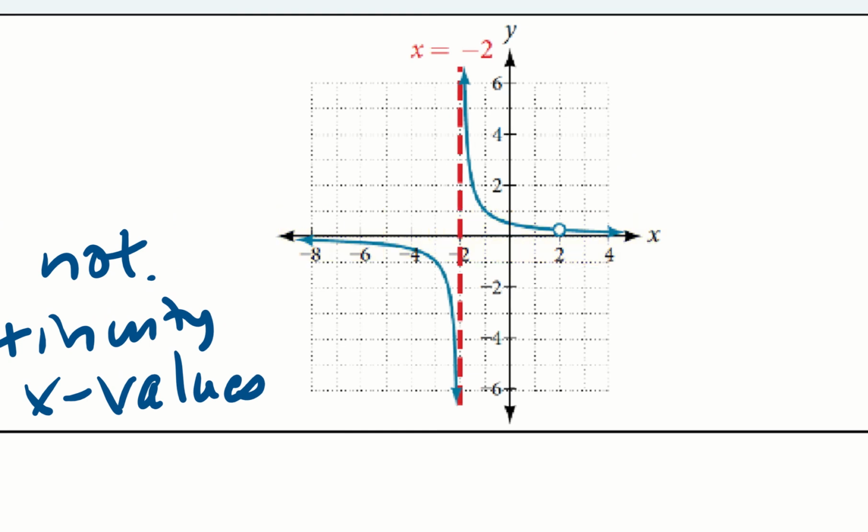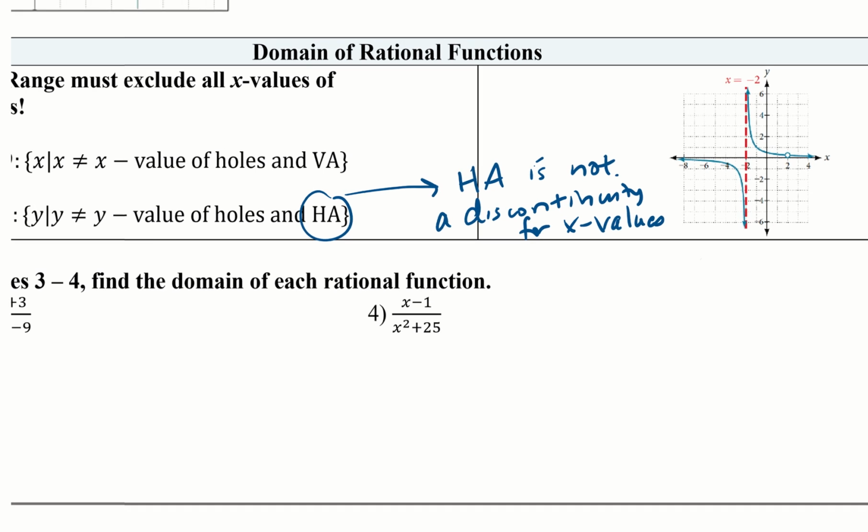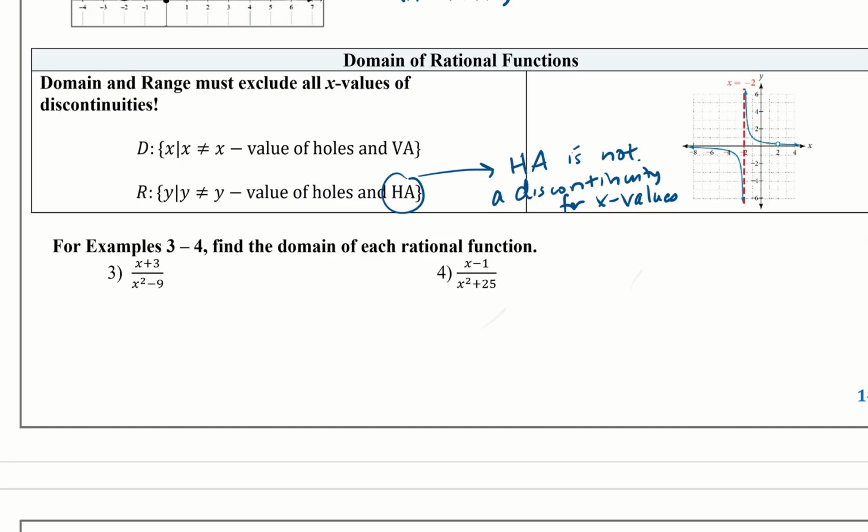You can kind of see how this graph is turning. However, I still have x values that exist as we go along that horizontal asymptote. So there is not a discontinuity for x along horizontal asymptotes. Only vertical asymptotes is the only type of asymptote that would give me a discontinuity for x.